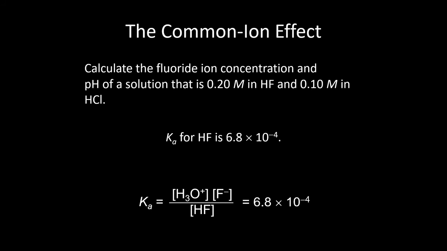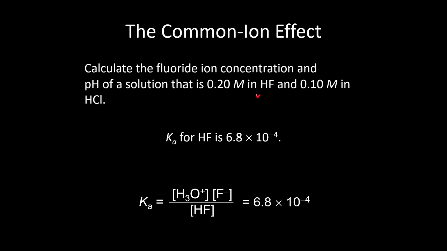So as an example of that here, we're going to calculate the fluoride ion concentration and the pH of a solution that is 0.2 molar HF and 0.1 molar HCl. So we have two things in the solution. One of them is weak, the other is strong.